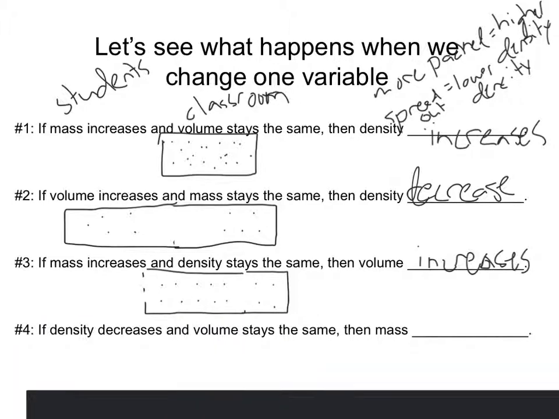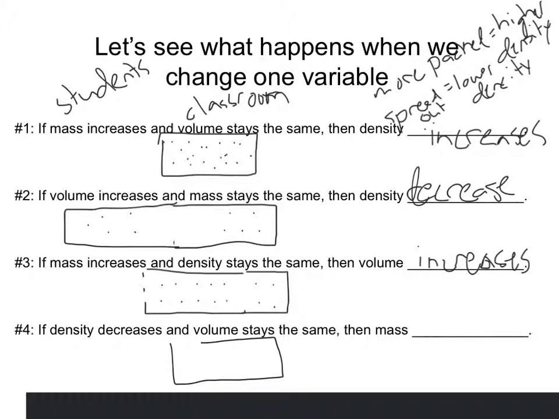And we're going to use that analogy one last time here for question number 4. So I'm going to draw my classroom and we're going to put our 10 students in there. And now it says if density decreases, meaning the students are more spread out, and volume stays the same, so our classroom has to remain the same size, then what happens to mass?